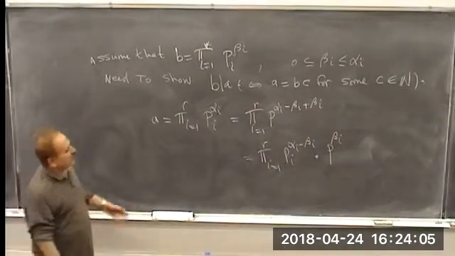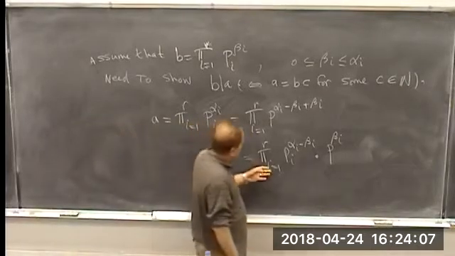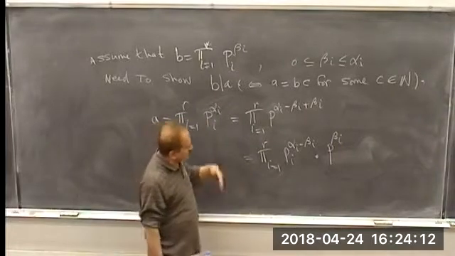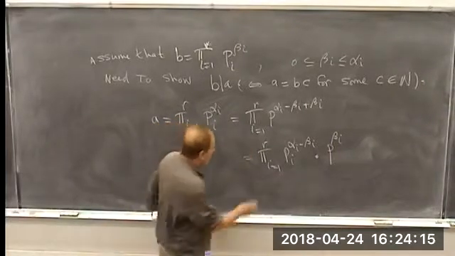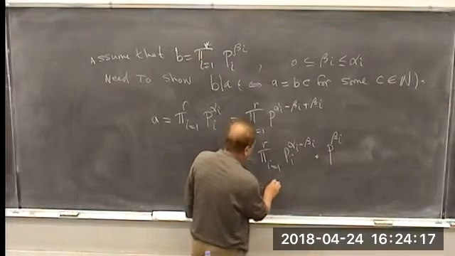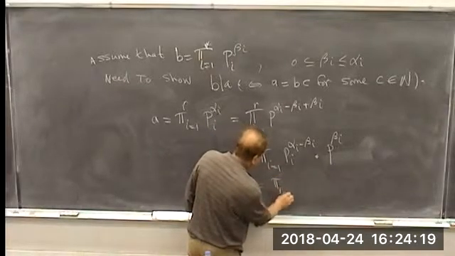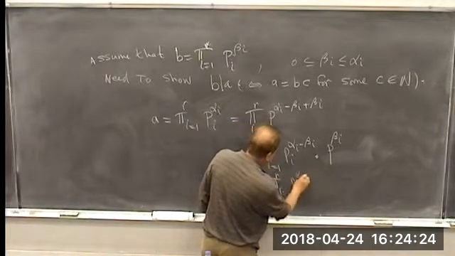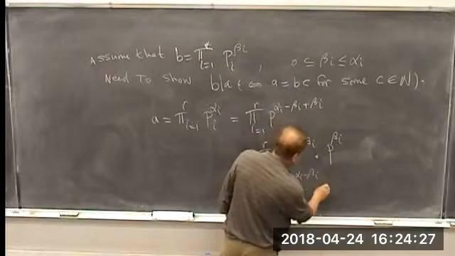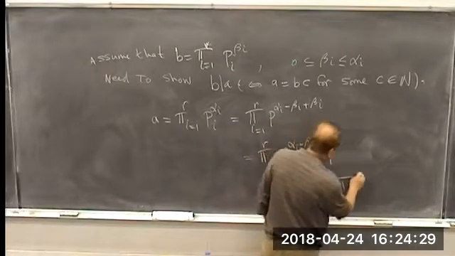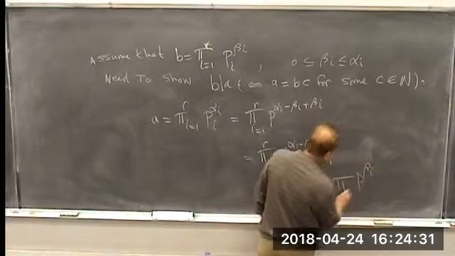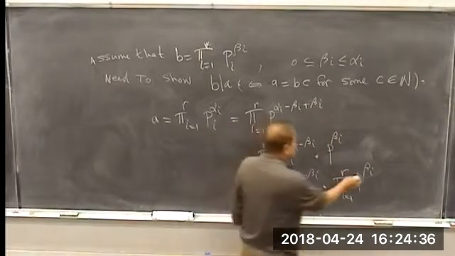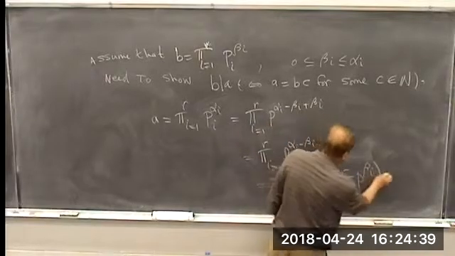Now remember what this product means. This means that when we take i equal 1, we plug it inside the product, and then we take 2 and we multiply everything. So we can still write this using two product notations: the product of p_i to the alpha_i minus beta_i, times the product of p_i to the beta_i, from i equal 1. The second product in here is equal to B.